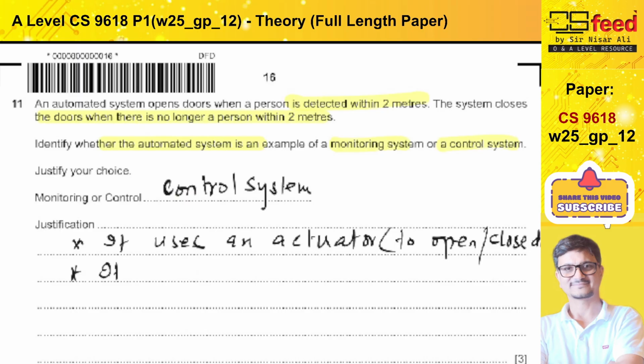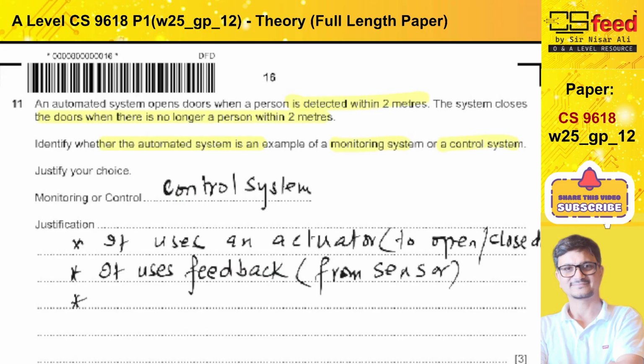Then it also uses feedback. Feedback means the output is taken back as an input from the sensor. In part of the day the door is mostly open, and in another part of the day the door is not opened so frequently, so this kind of feedback can be given back to the system, and it helps to readjust the criteria used by the processor.